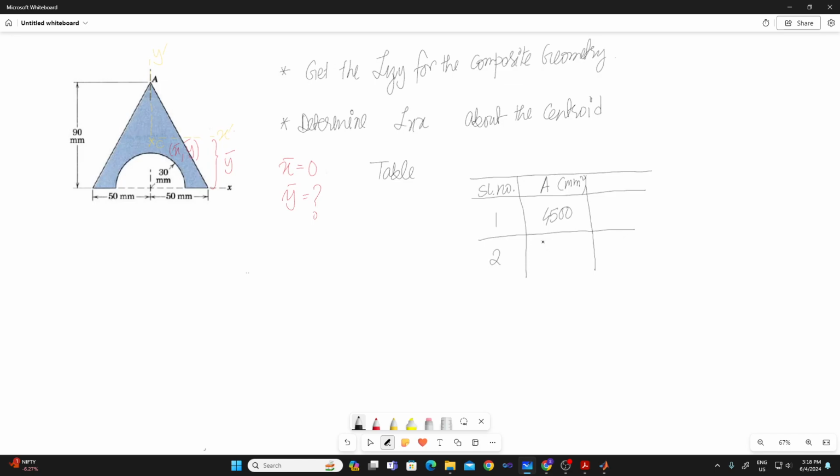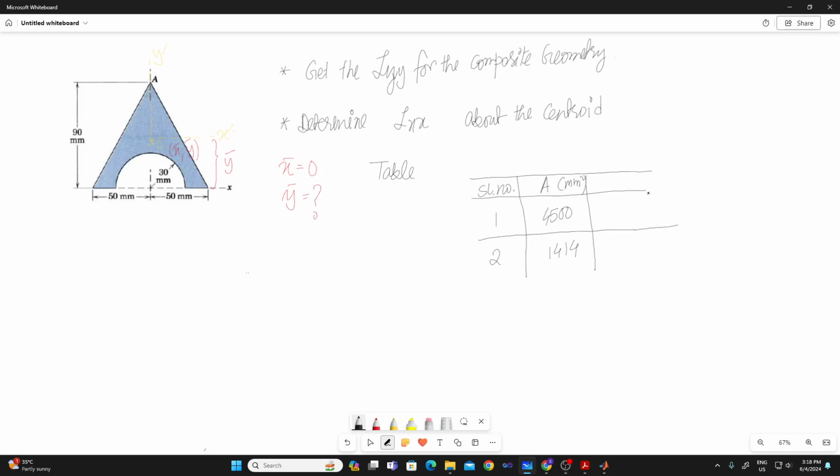Pi by 2 times r squared, so 450 pi. And how much is it? 1413.7, so about 1414 millimeter squared.